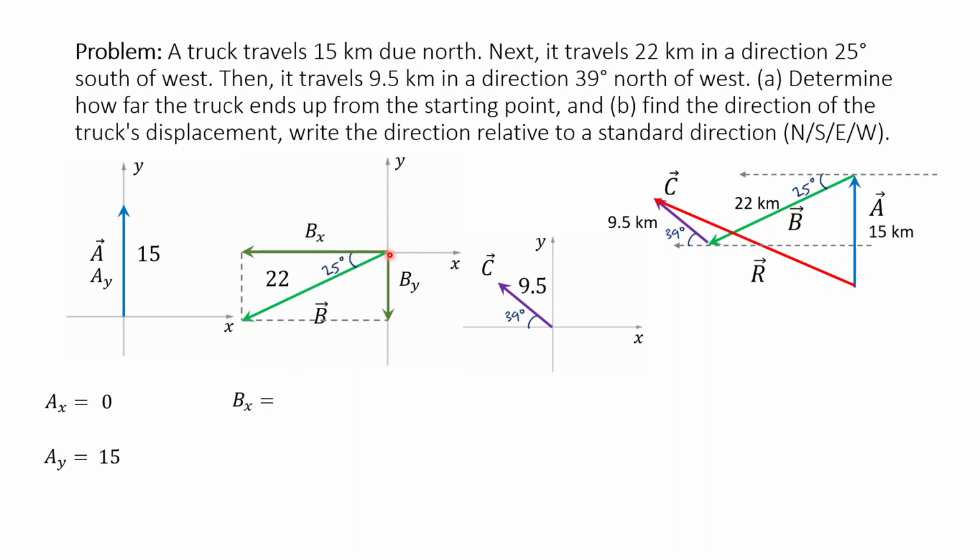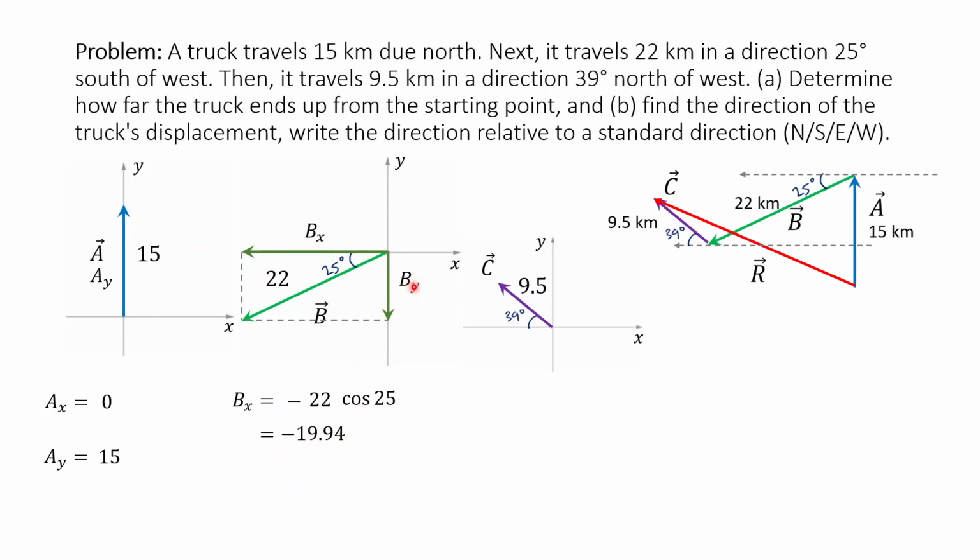This side is negative, this side positive. This points to the negative x direction, so it is negative. Then put the magnitude. For the x component, you need to put the cosine of this angle. This angle is from the x-axis. That is equal to, find cosine 25 and multiply this, you will get this.